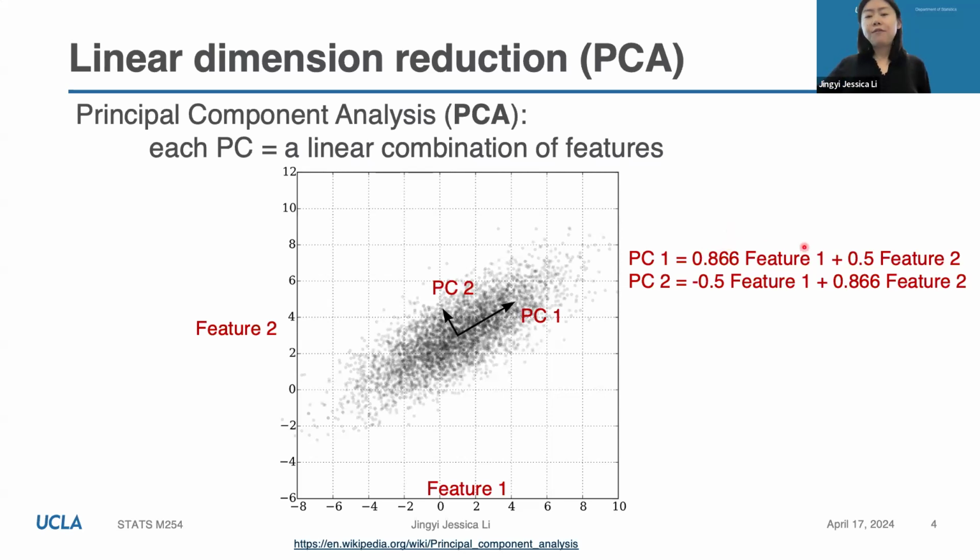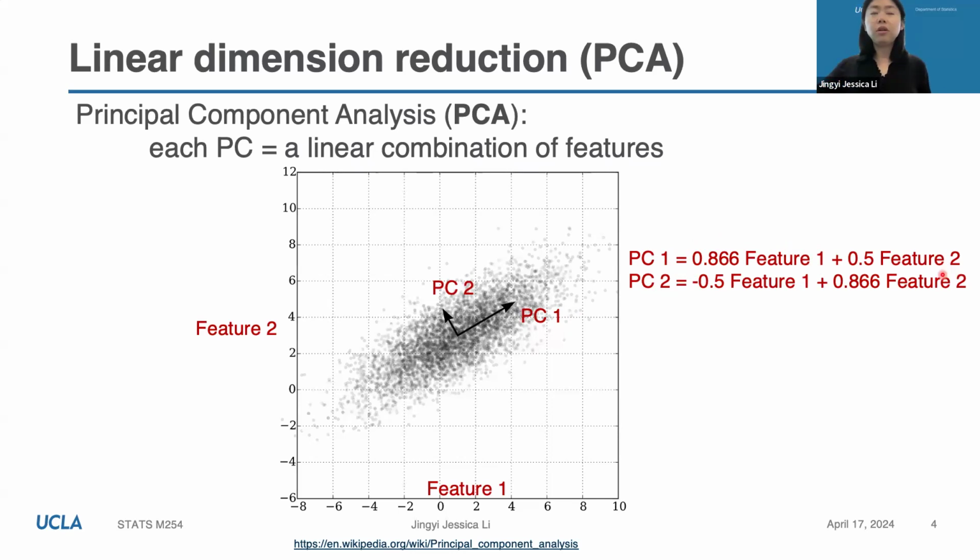So when feature 1 has a positive weight in PC1, it means that they are positively correlated. And when feature 1 value increases, PC1 increases. So it's a way for us to interpret the meaning of each PC, because PC is our new feature. So once we do PCA, we will use PC1, PC2 instead of the original feature 1 and feature 2.